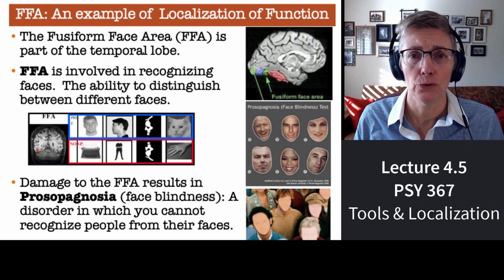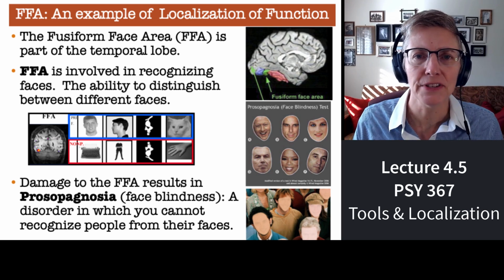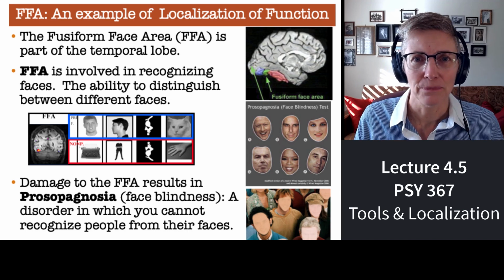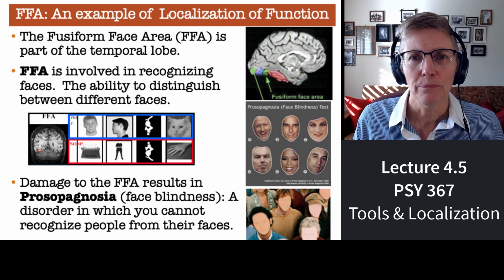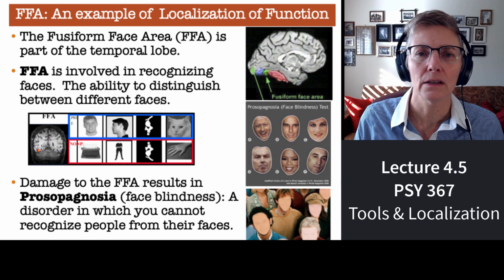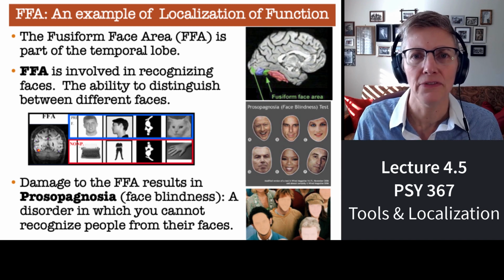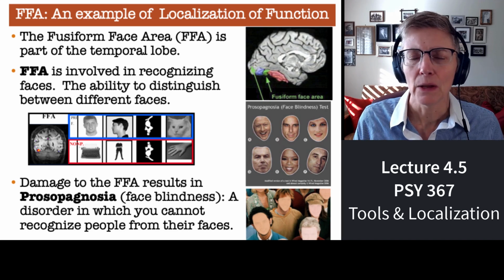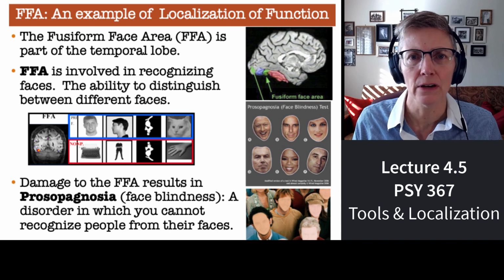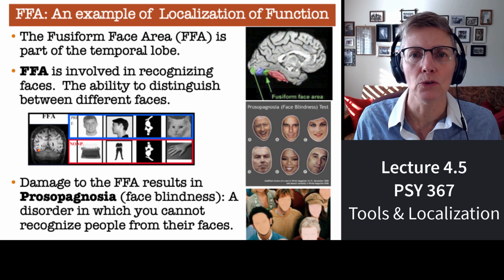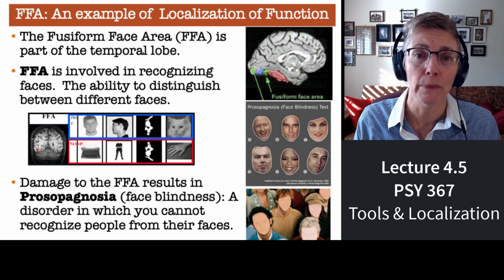fMRI has been used as a very effective tool to understand how the human brain identifies faces. And in the temporal lobe, there's this area called FFA, where a lot of the processing of faces seems to occur. It's in the right temporal lobe. People who have damage to their fusiform face area, FFA, have trouble recognizing other people from their faces.